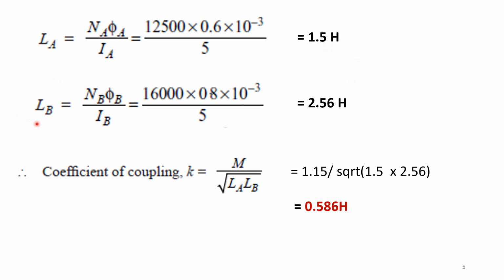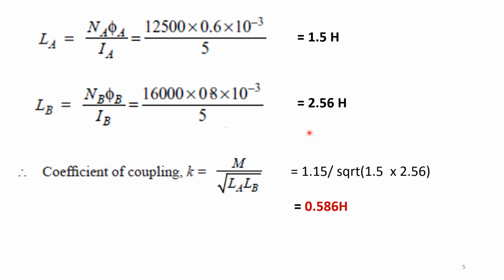Similarly, we can find LB, the self-inductance of coil B, with the formula NB phi B divided by IB. So I substituted the number of turns in coil B, 16,000, into 0.8 milliweber, so 0.8 into 10 power minus 3 divided by 5, which is equal to 2.56 Henries.